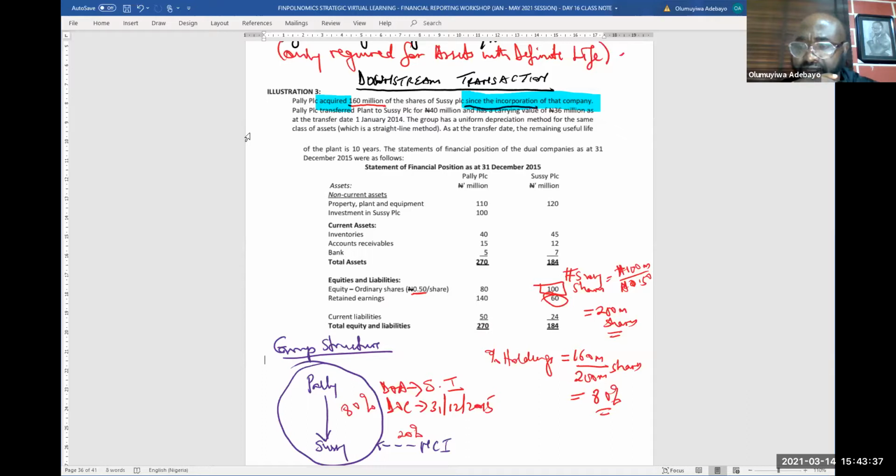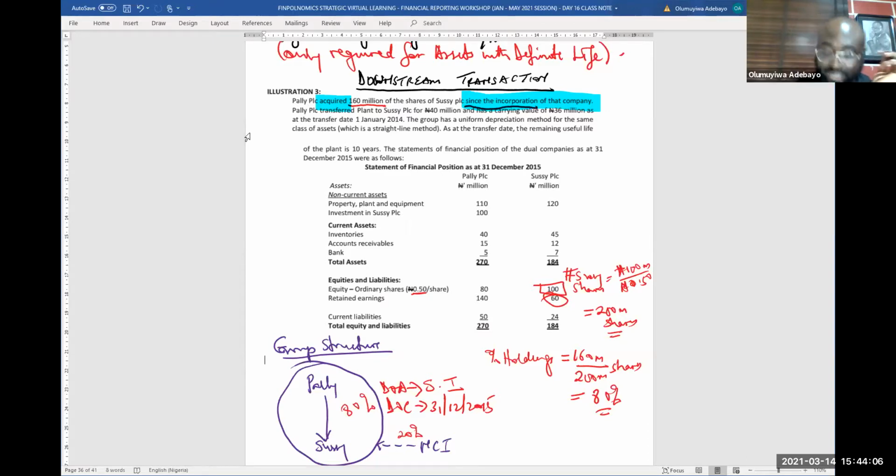Have you ever seen a business that is incorporated with profit at the start of that business? No, sir. At incorporation, you are at ground zero, no profit, no loss, because you are just starting up a business.